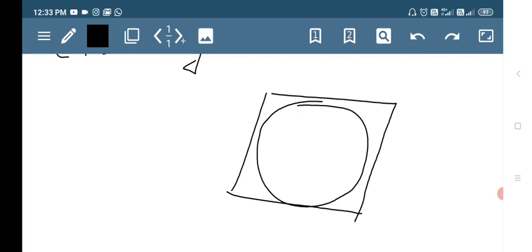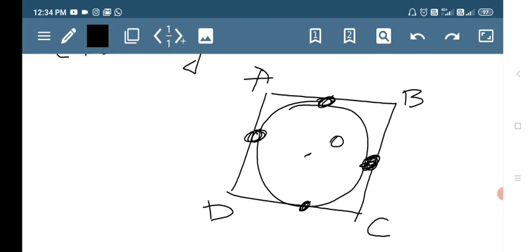This is our parallelogram ABCD and a circle. Dear students, the circle must be touching the sides of the parallelogram ABCD.